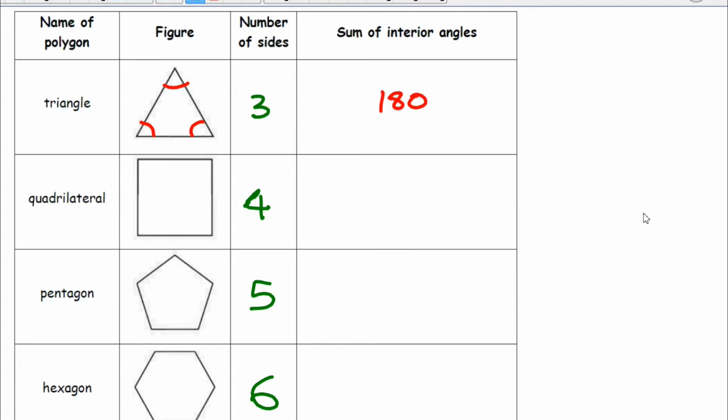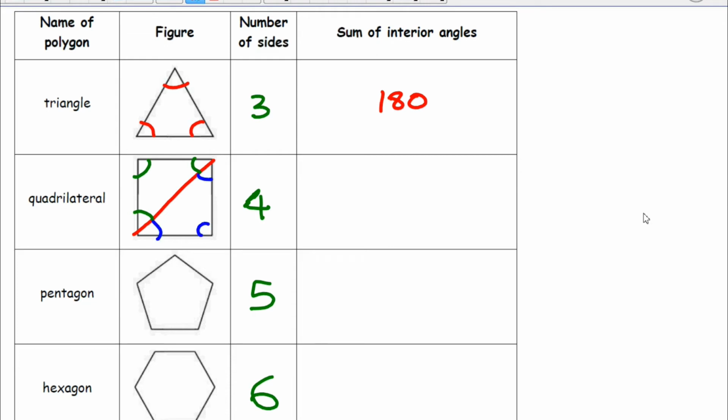For a quadrilateral, I'm going to divide it into triangles by drawing a diagonal from one vertex, so from here to there. And then I'll end up with 2 triangles. So this is the first triangle, and this is the next triangle.